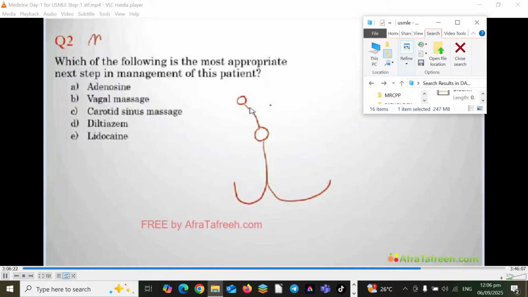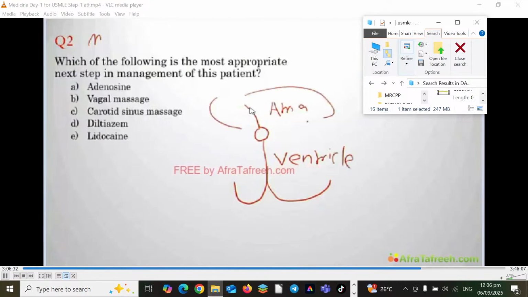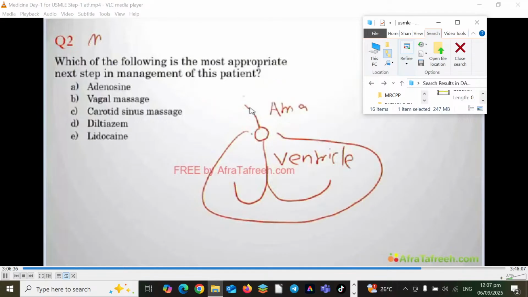So this is the atria, this is the ventricle, something like this. Looks funny, but it is what it is. So the atria is contracting and then the ventricle is contracting. So it is atria and ventricle.